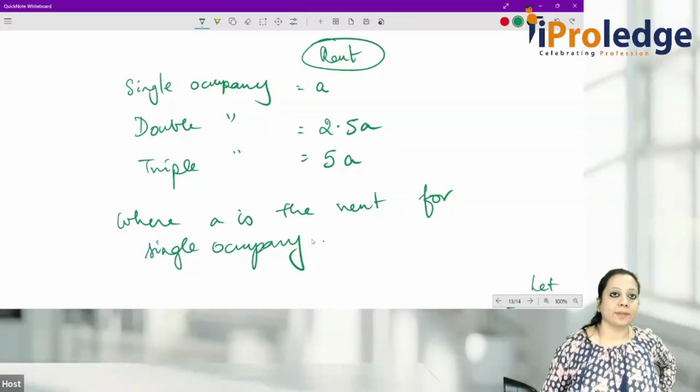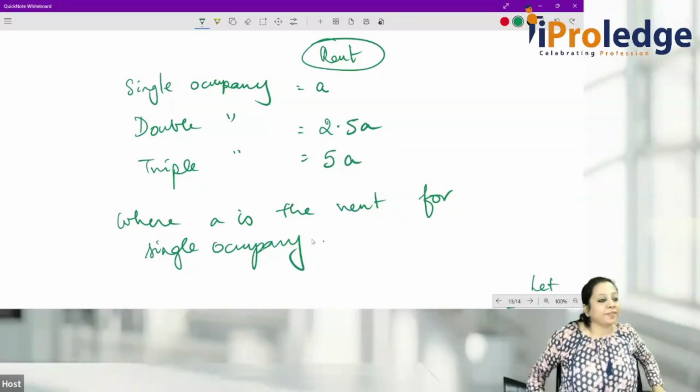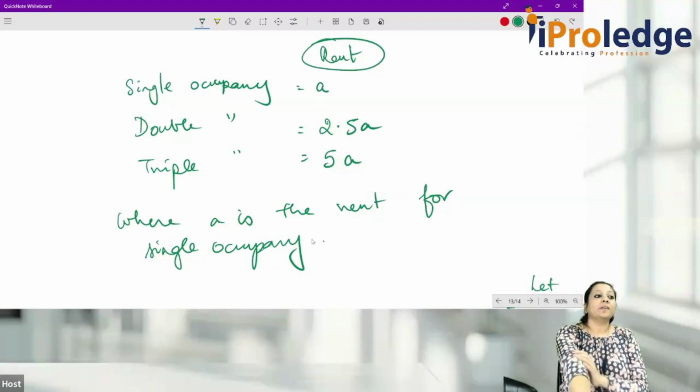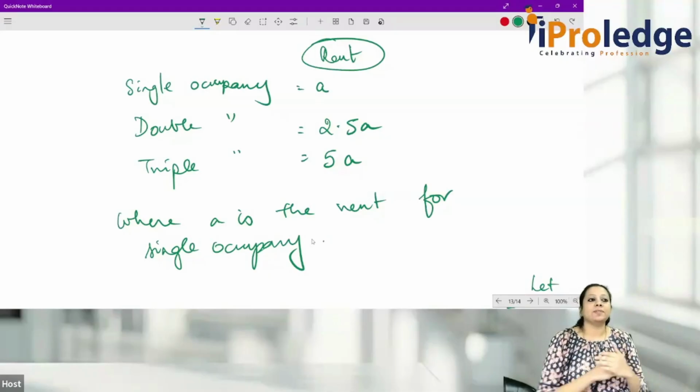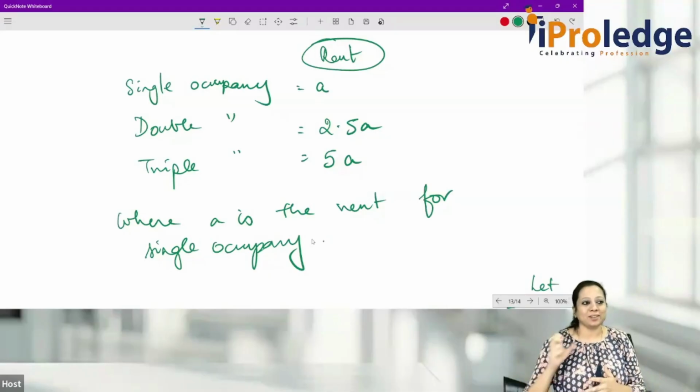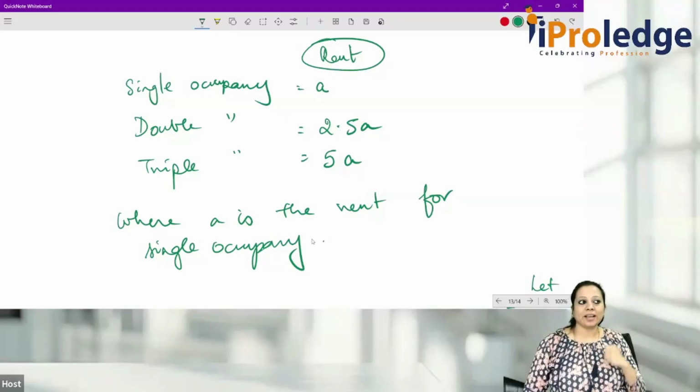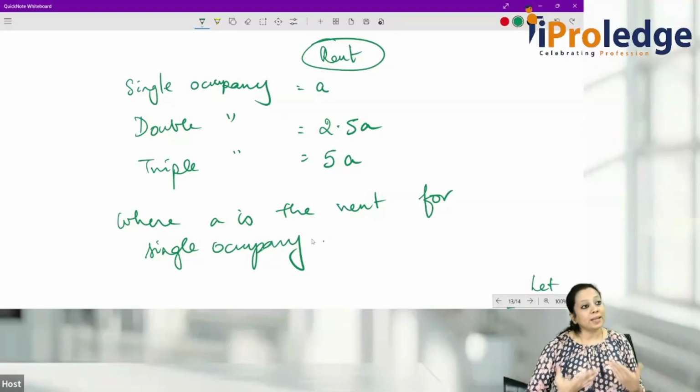Why did we do this? Now, what we have to do is number of room days. Yes, let us calculate. In the previous question, we calculated number of patient days because we have to recover from patients. Here we have to recover from rooms. All information is given in the question. How many days? What is the occupancy? How many rooms? Everything is given.